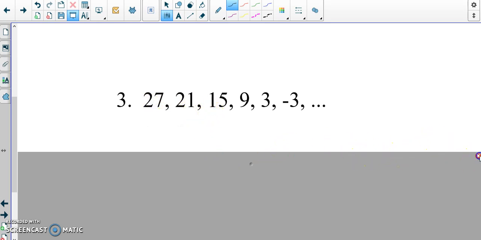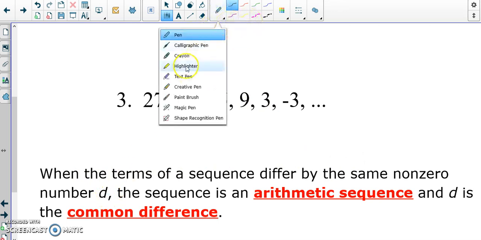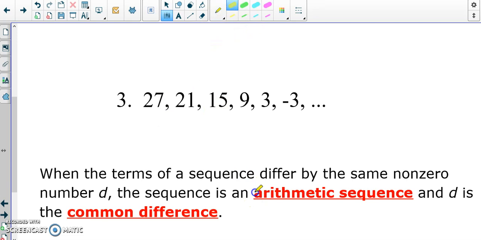Now on your sheet below those, fill in those blanks. It says when the terms of a sequence differ by the same non-zero number, which we'll call D, the sequence is an arithmetic sequence, and D is called the common difference. So put arithmetic sequence and common difference.